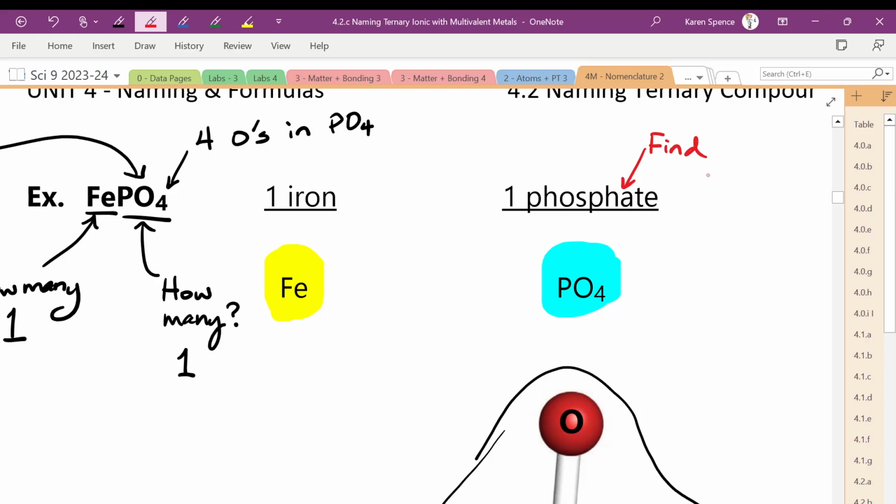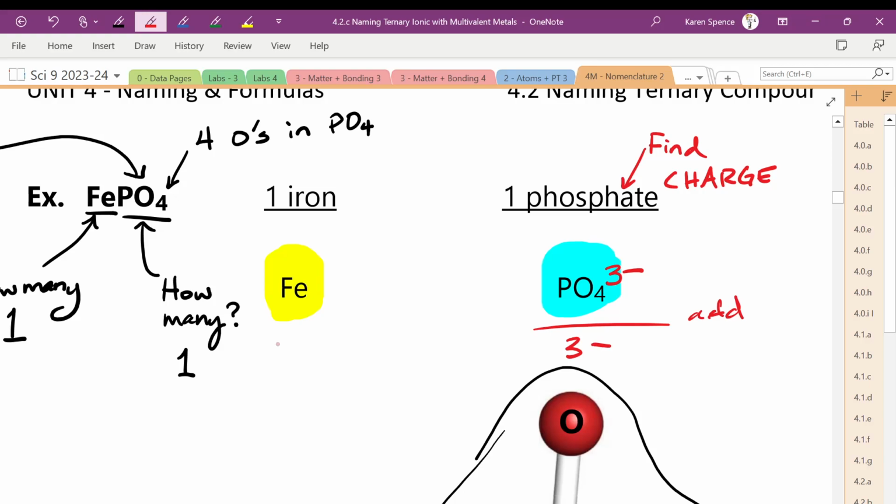We find the charge. So what is the charge of PO4? 3 negative. And then, even though there's not much adding to do here, you will add to find the total, which is just 3 minus because there's nothing to add.